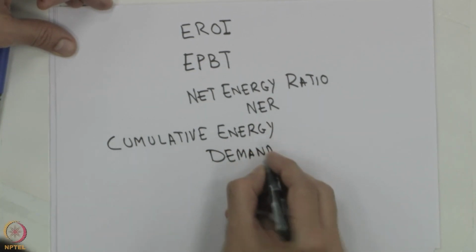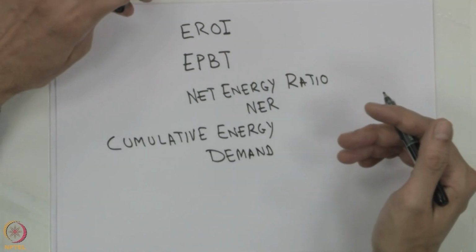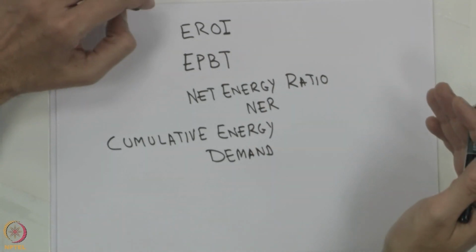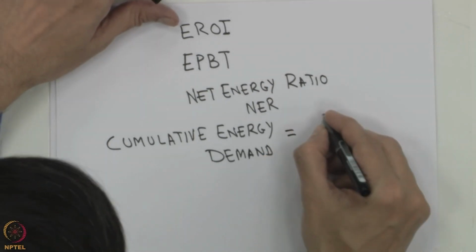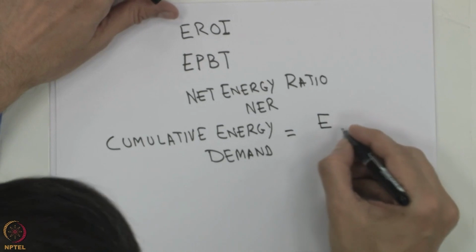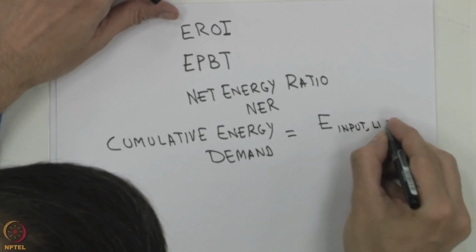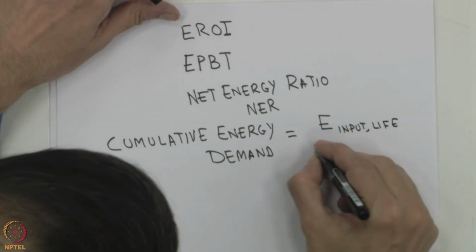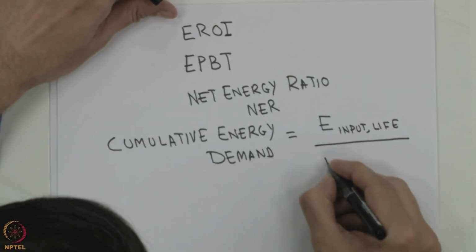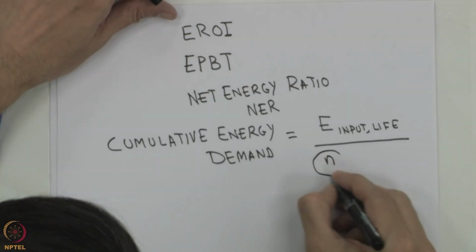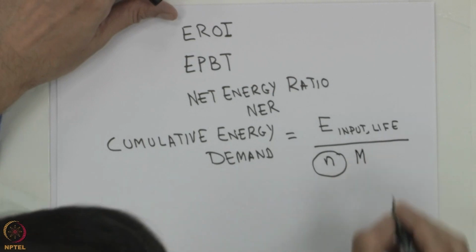That means, let us say we are making steel or cement, we take the total amount of energy input required over the life, and divide that by n, the number of years of life, and the output that we are producing.